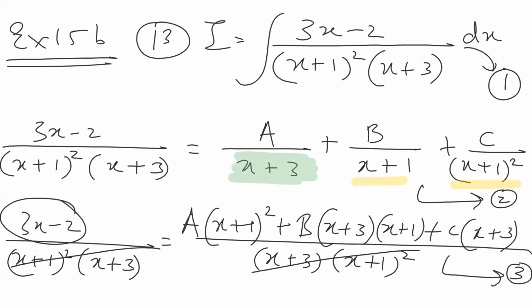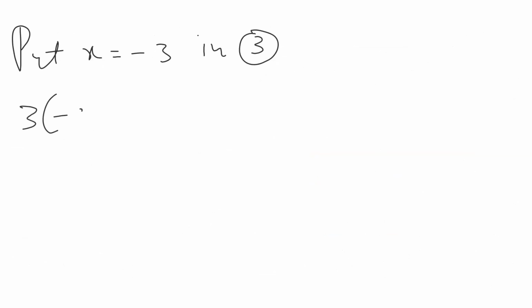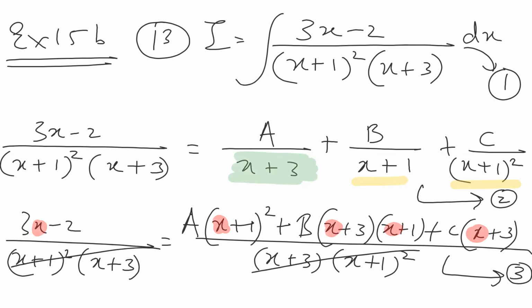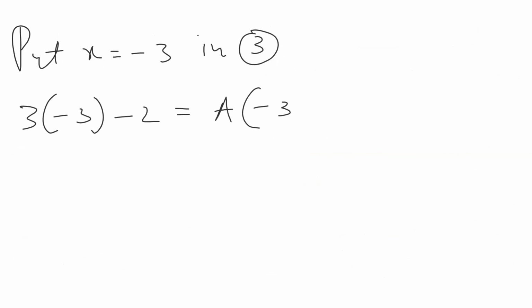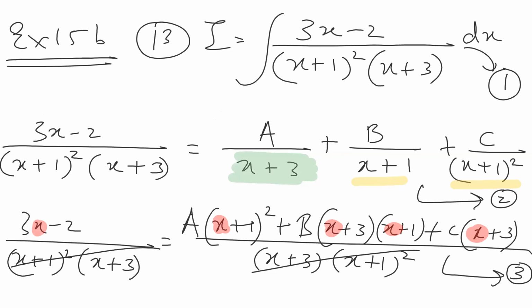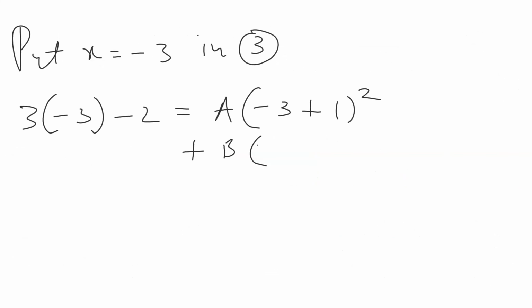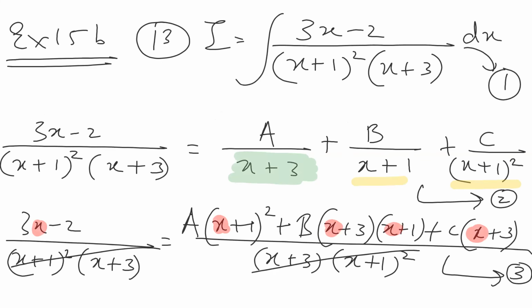So wherever there is x, put minus 3. 3 into minus 3 minus 2 is equal to a into (minus 3 plus 1) the whole square, plus b into (minus 3 plus 3)(minus 3 plus 1), plus c into (minus 3 plus 3).